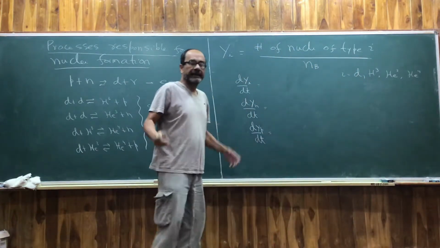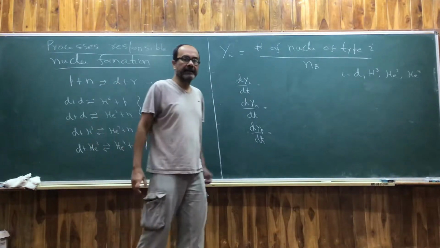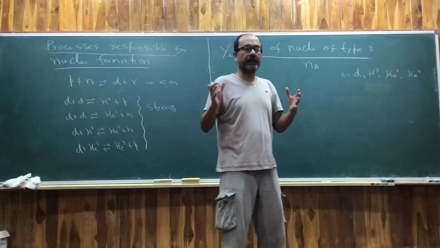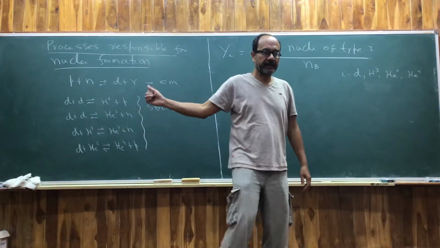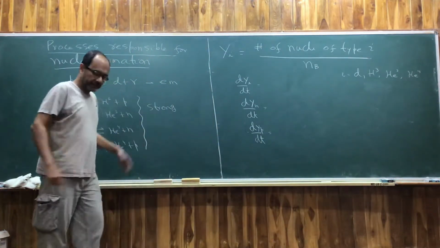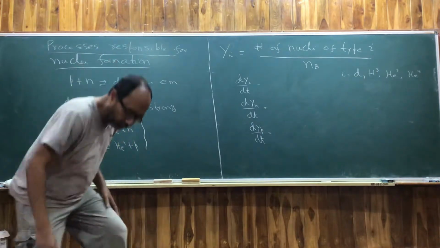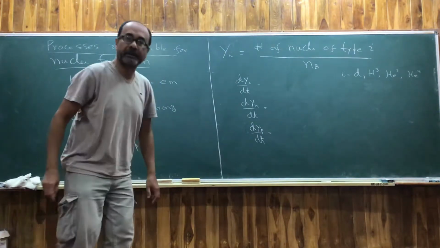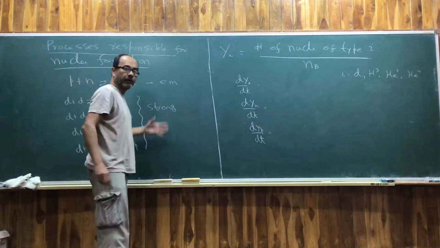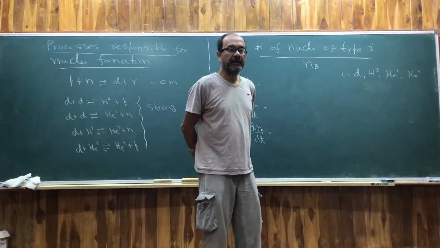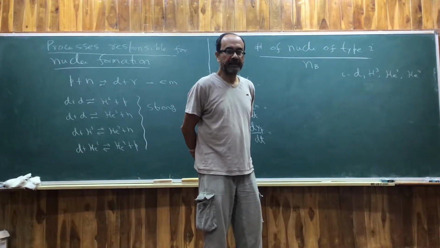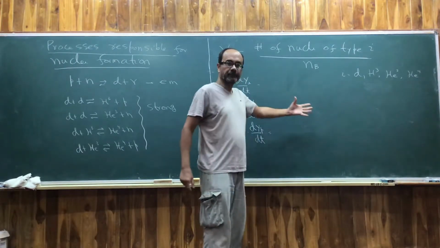So at any given time, the gas is a mixture of protons, neutrons, and all different kinds of nuclei. I am not including the heavier ones, because their numbers are really very small, so you don't have to worry about them. But all these will play a role. So this will be our evolution equation during the nuclei formation. And then you can just solve them.